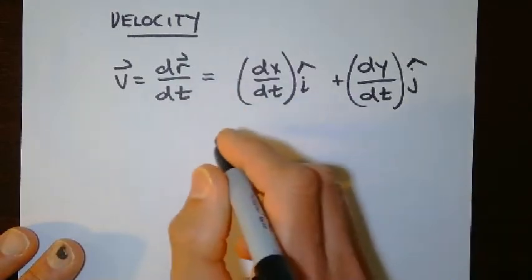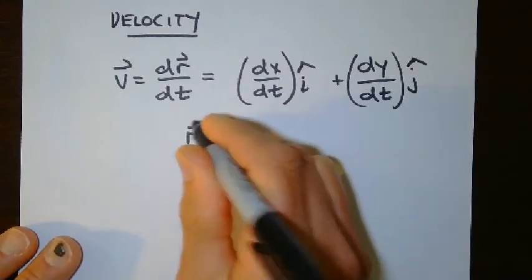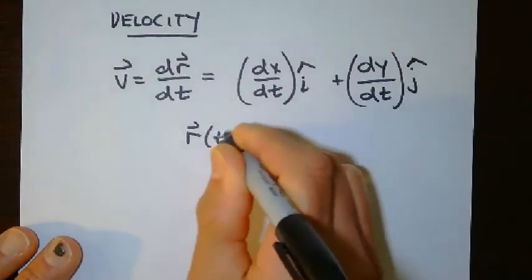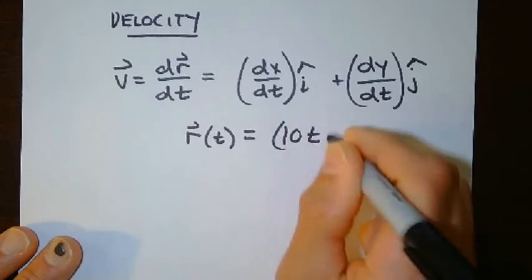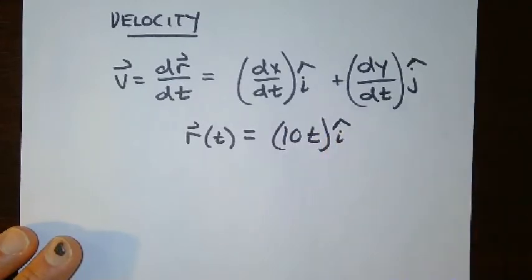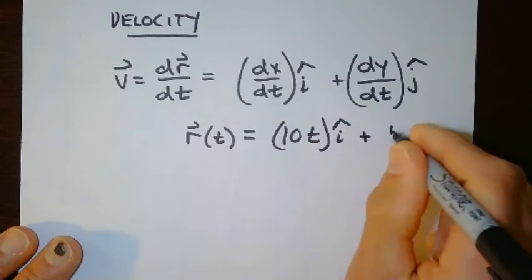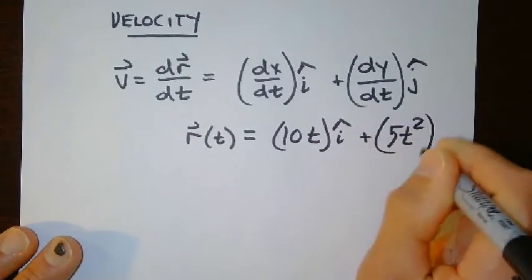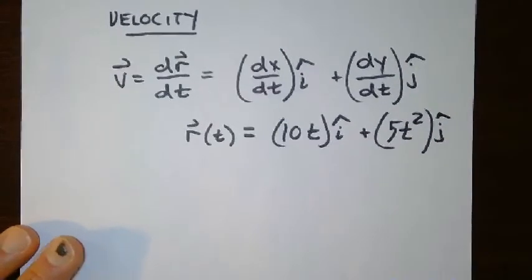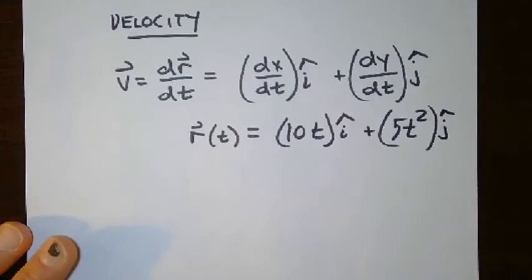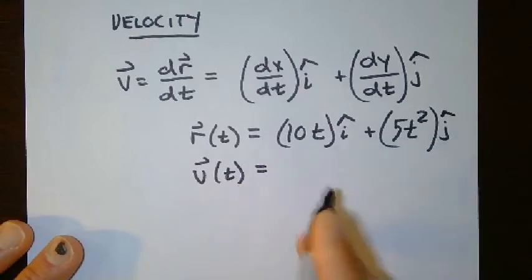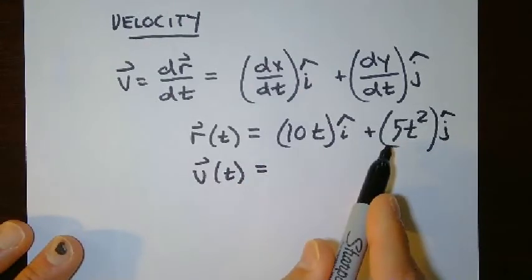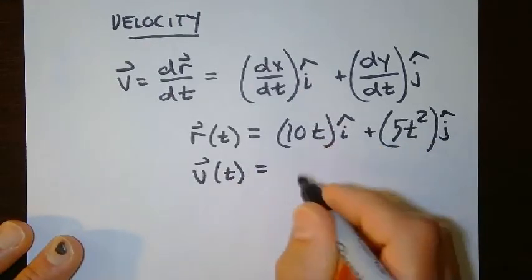So let's do an example like this. Let's say that my position vector for this object as a function of time is going to be equal to 10t in the i hat direction plus 5t squared in the j hat direction. And so the velocity then would simply be the derivative of those two things. The derivative of the first term is 10.